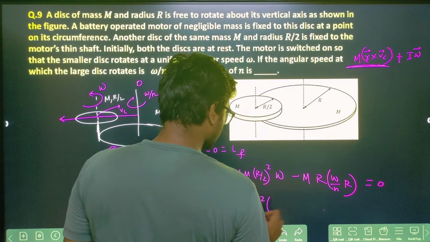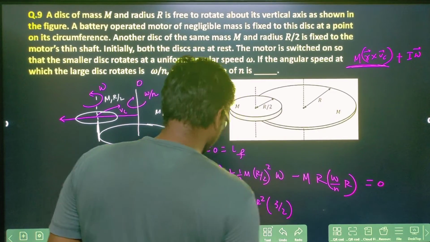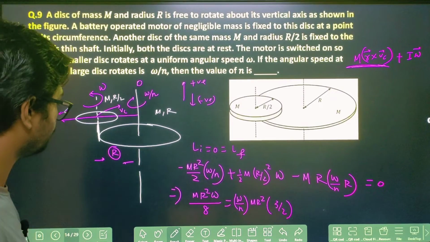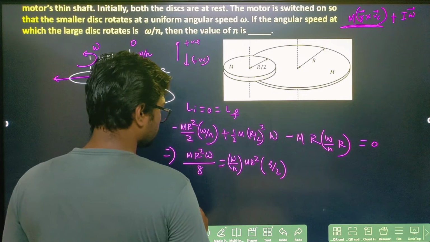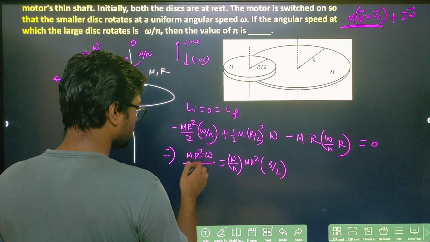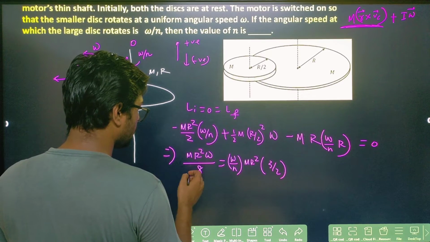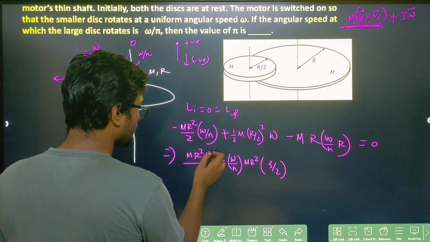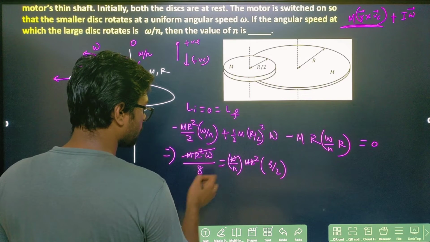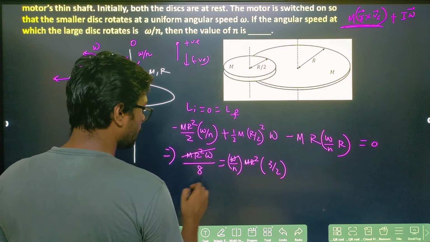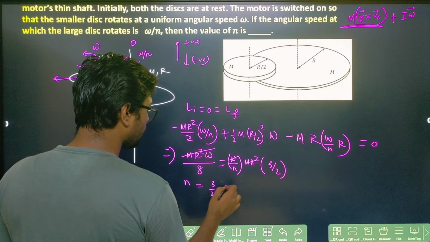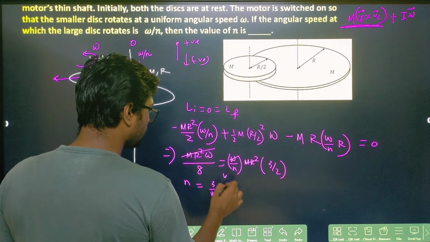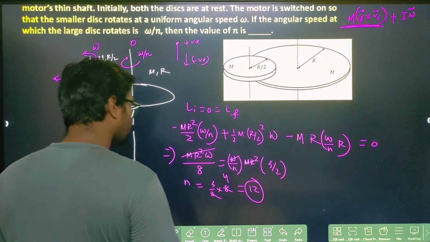So half plus 1, this will be 3/2. This much will come. Clear? So I can do the calculation here. So m r square omega, I cancel out on both sides. So n equals 3/2 into 8. So this will be 4, this is coming as 12.